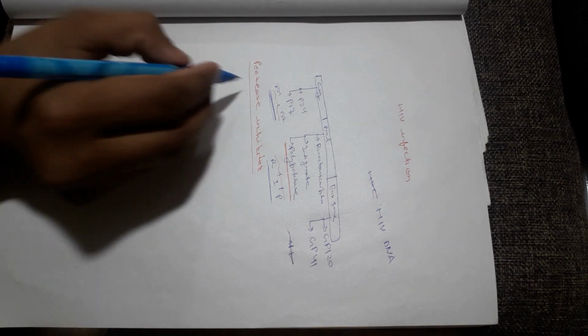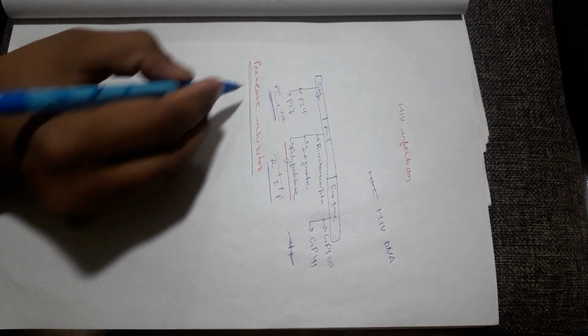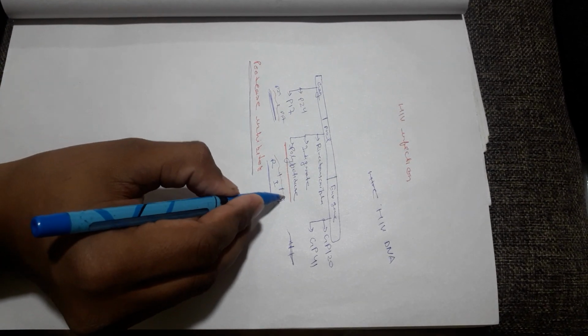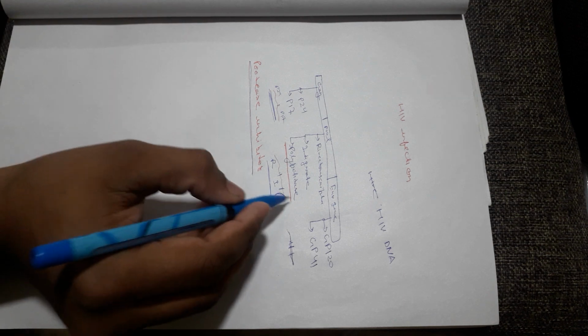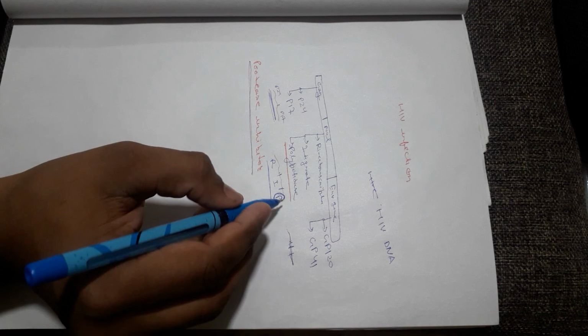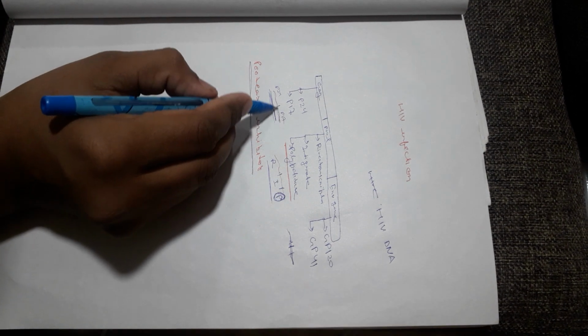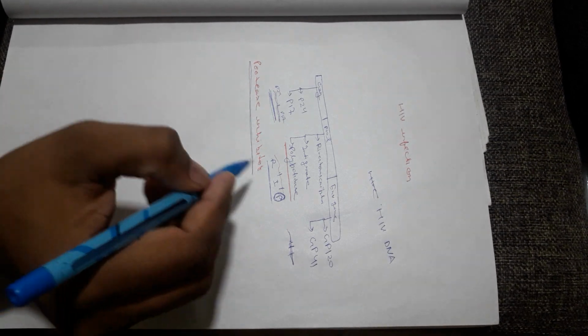So what is the function of the drug protease inhibitor? Protease inhibitor inhibits this protease enzyme. When the protease enzyme is inhibited, then this non-functional protein will not be cut into functional protein.